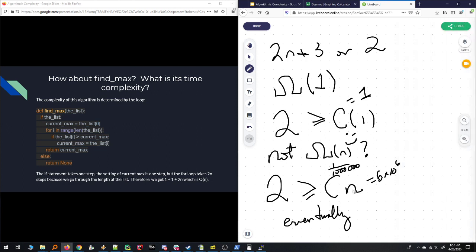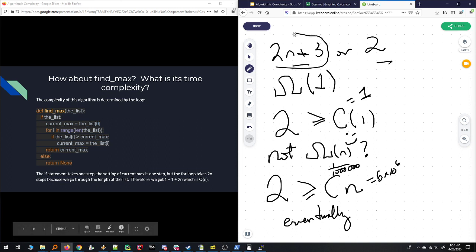Yeah, go ahead. When n's greater than 0, its performance won't be 2. It'll be 2n plus 3. Yeah, but who cares? What is the performance of this code? It's either this one or it's this one. So it's true that this thing is big omega of n, but the smaller one isn't.